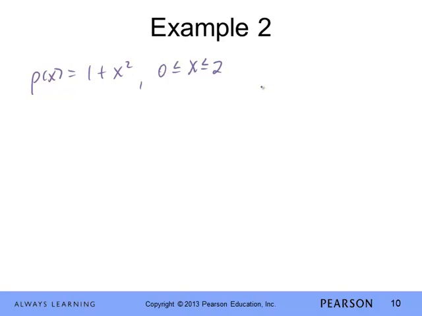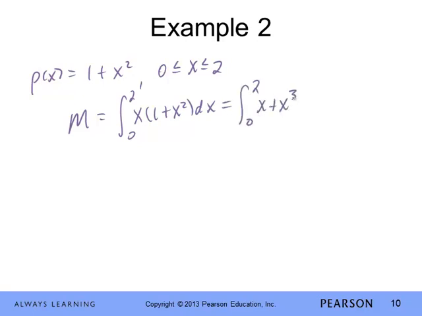So, center of the mass of the bar, just calculate the moment. It is going to be the integral from 0 to 2 of x times 1 plus x squared. That's your x times your density, dx. So that's the integral from 0 to 2 of x plus x cubed.